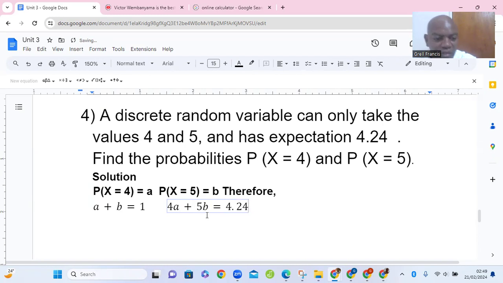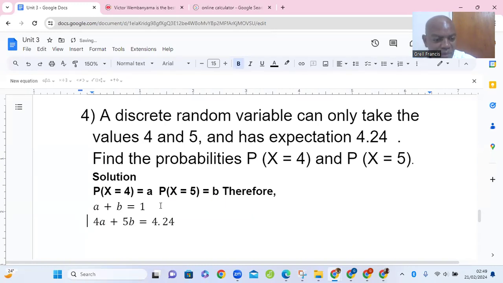We've got two linear equations and we've got two unknowns. We can easily apply simultaneous linear equations. We can use substitution method or we can use elimination method. A plus B is equal to 1. So therefore, since the coefficient of both A and B is equal to 1, we can easily apply substitution method. So let's make A the subject of the equation.